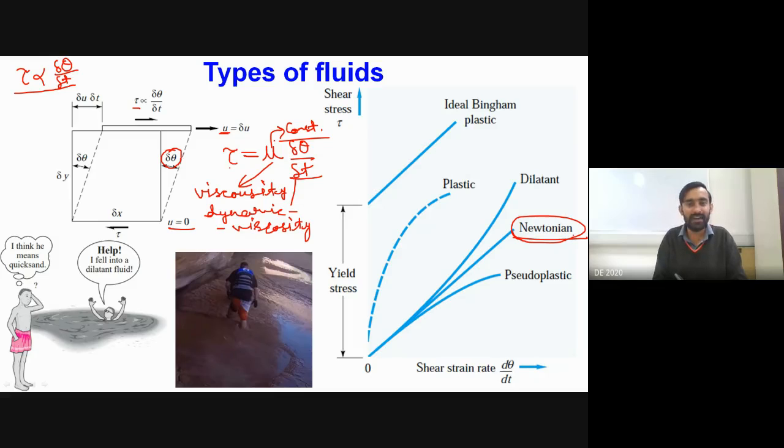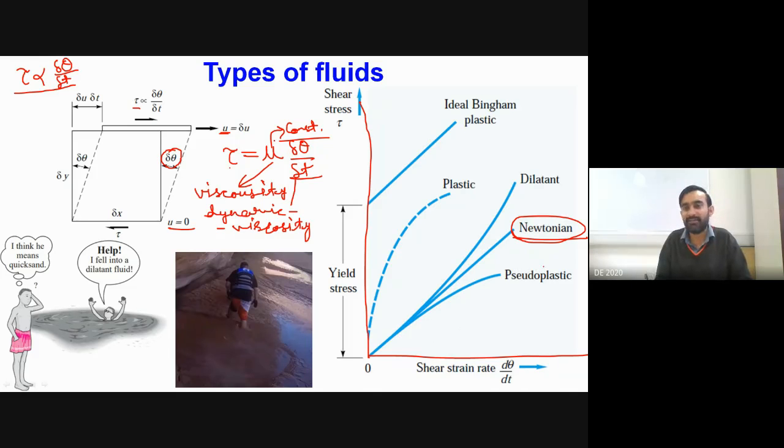Any fluid which does not have a constant value of this dynamic viscosity will have a non-linear dependence between shear stress and del theta by del t. So what I have done is plot d theta by dt along the abscissa, and tau along the ordinate.